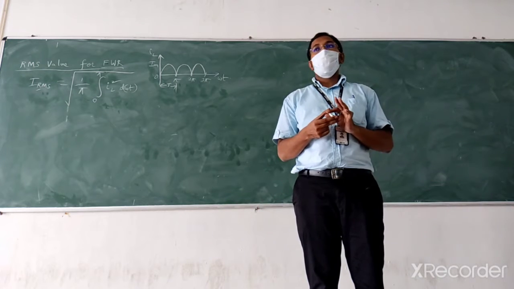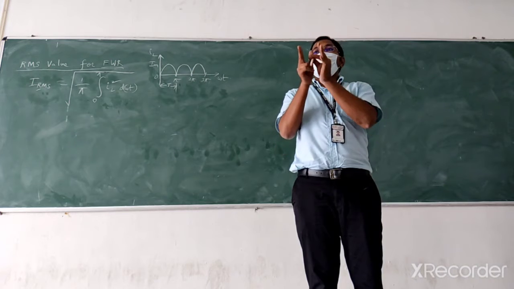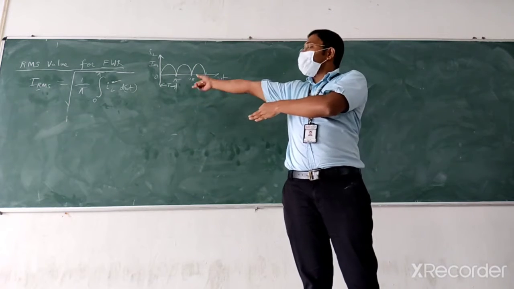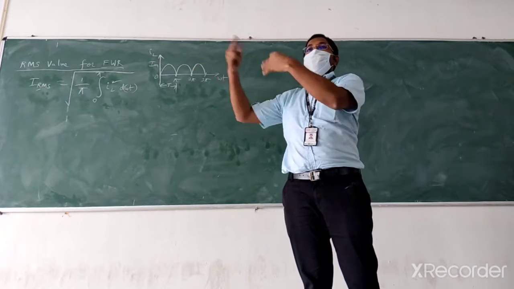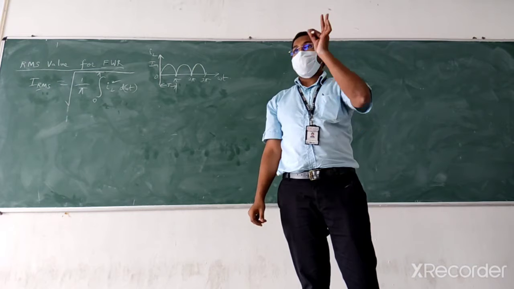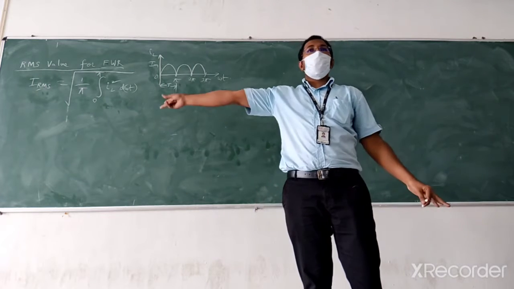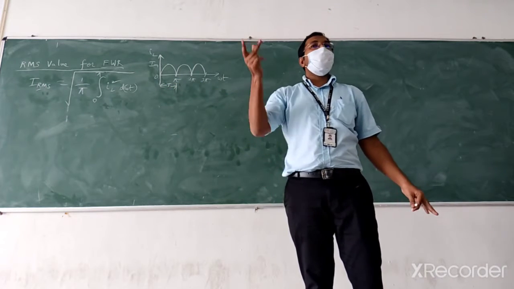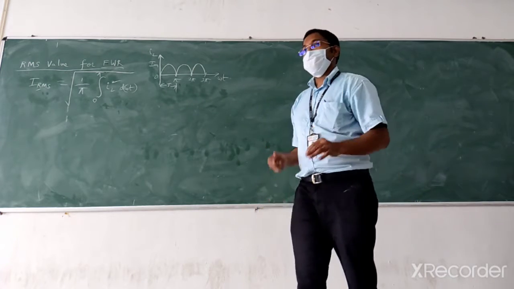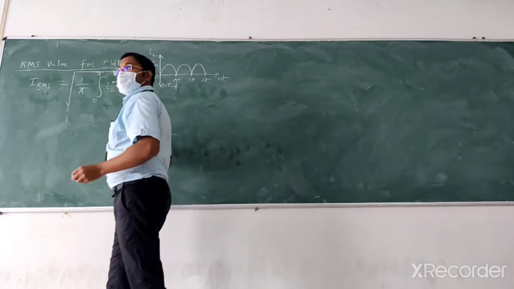So in the first attempt itself, learn thoroughly. Then for the remaining, we are just repeating the same thing. RMS value, learn it perfectly. See how many times you referred to IDC so far.